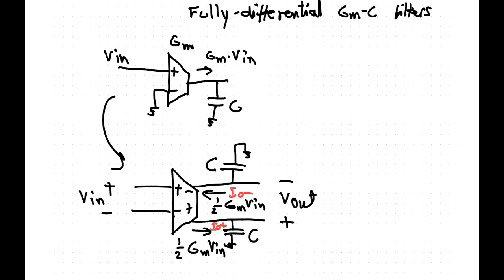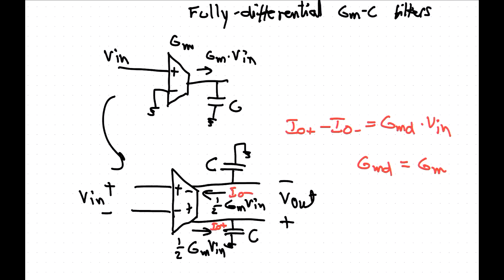So Io plus minus Io minus is going to be the differential transconductance times Vin, and you want that differential transconductance equal to GM, if you define it like that.